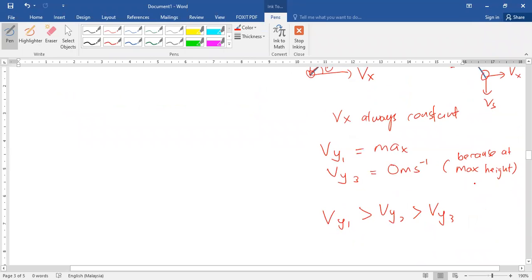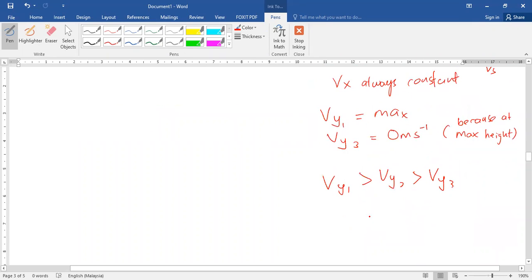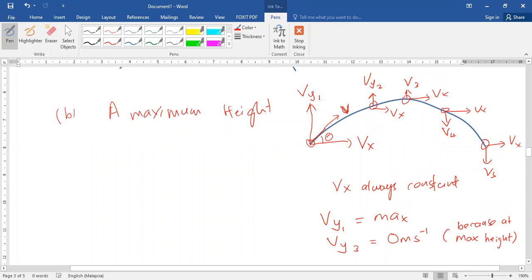V5 comes back again and will be equal to the maximum ms-1 again. What we learned just now was the left part. Now we are going from the left part to the right part.